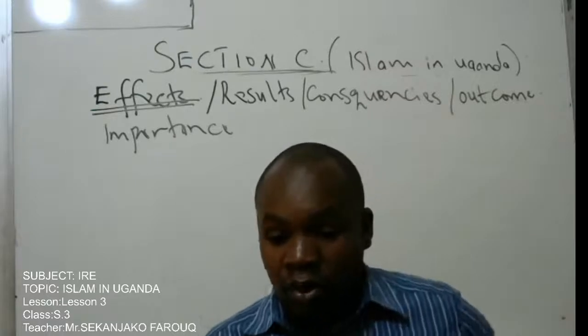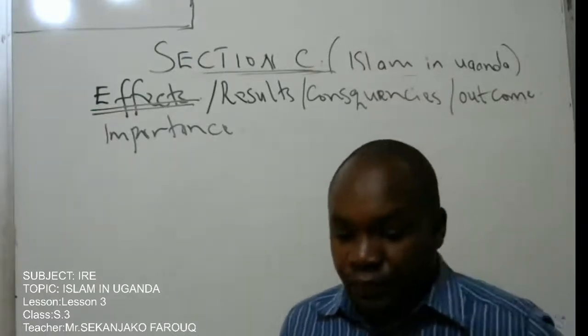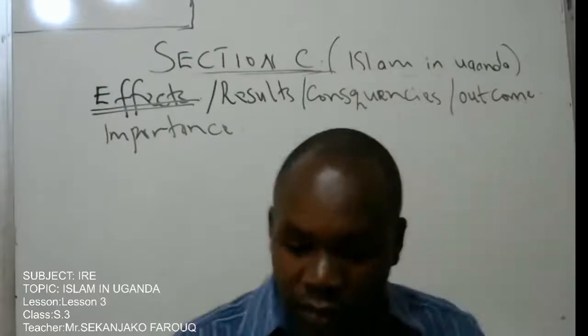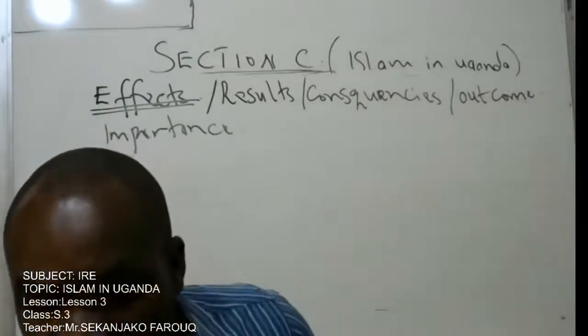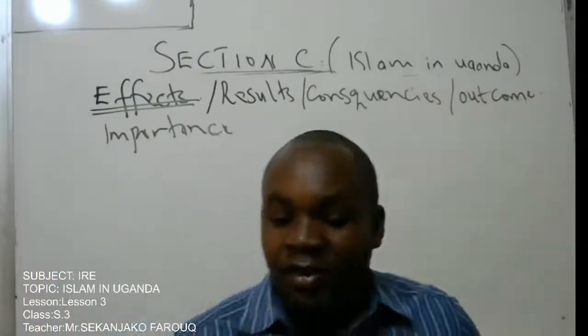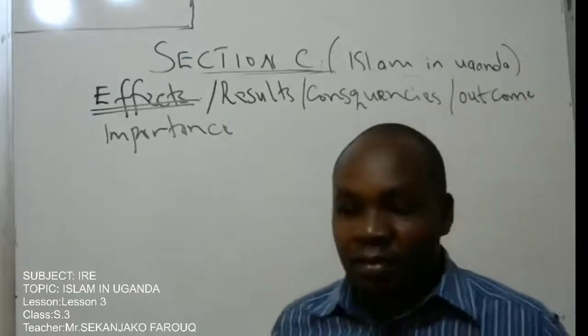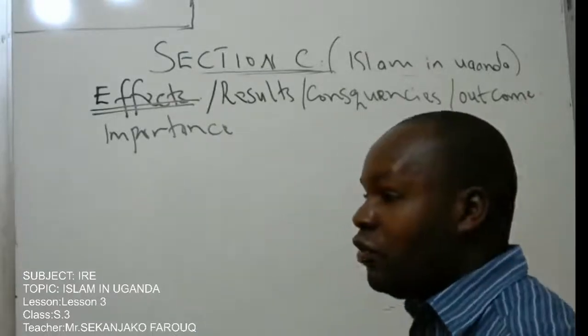Even up to today, you can look at the effect of the political wars among the Muslims. The wars ended the Muslim state of Uganda, of Dar es Salaam. Remember, at first when they were going in to fight, they said we are going in for Dar es Salaam, meaning we must put up a state of Islam.